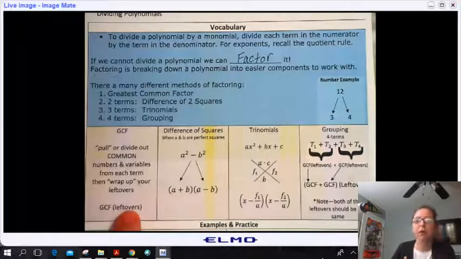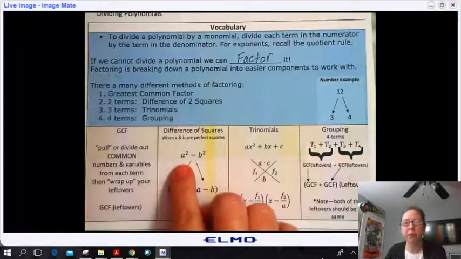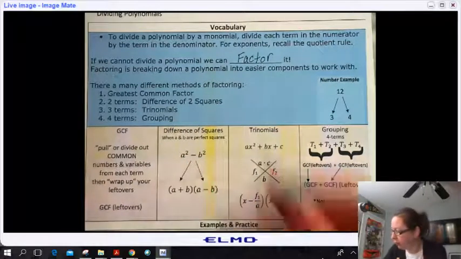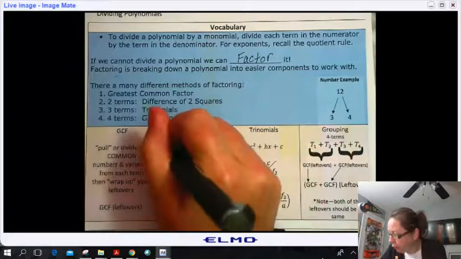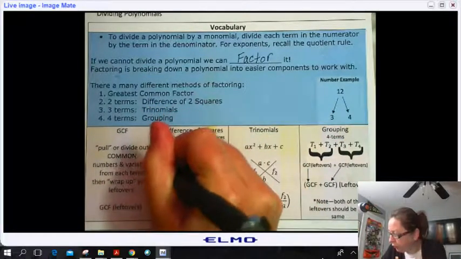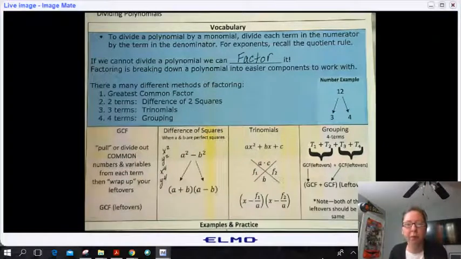Second, we have a difference of two squares, where the A term is a perfect square and the B term is a perfect square. So examples of this could be x squared, y squared. You could even do x to the fourth, y to the fourth, because 4 is a perfect square.